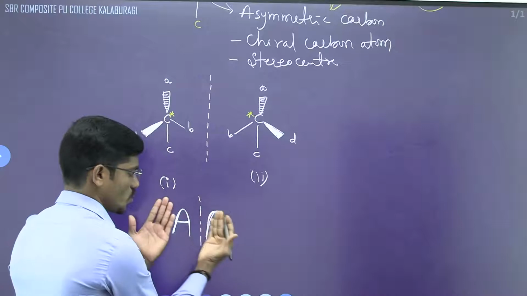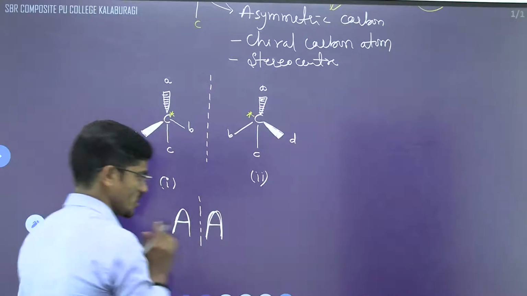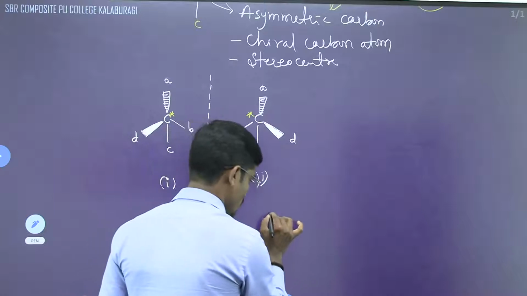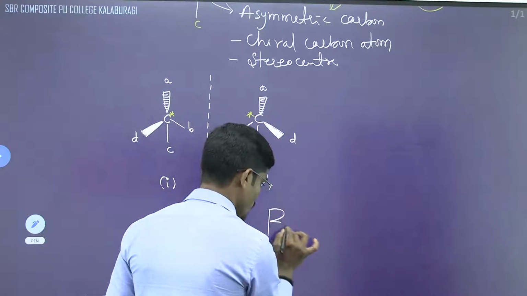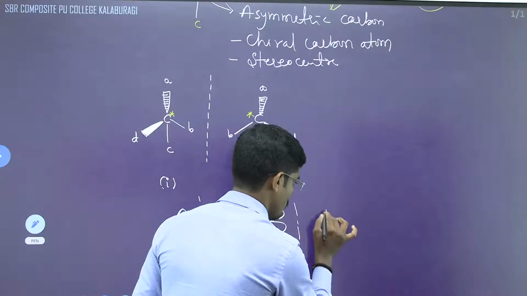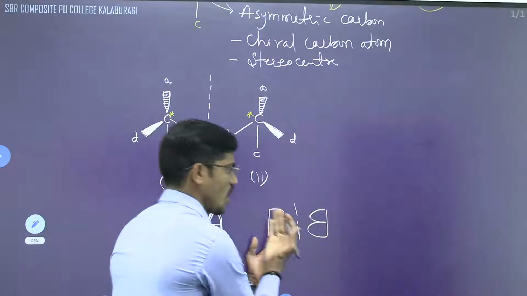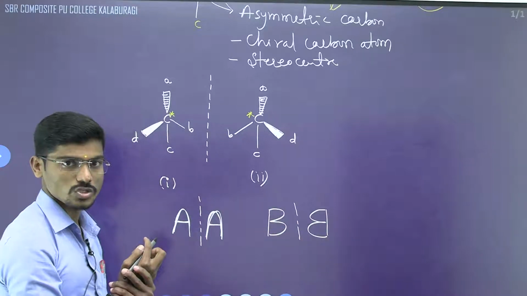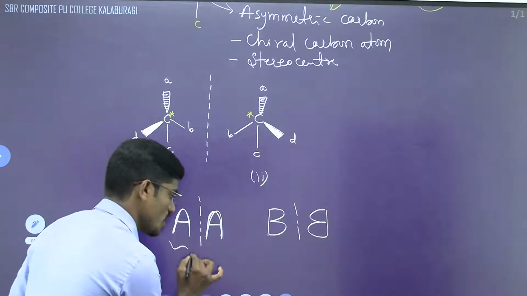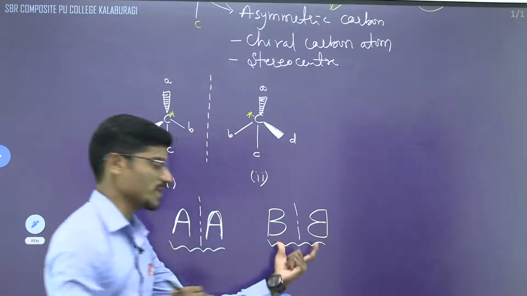If I consider the letter B, then this is the mirror image of B, and these two are non-superimposable. So, superimposable mirror images, and non-superimposable mirror images.